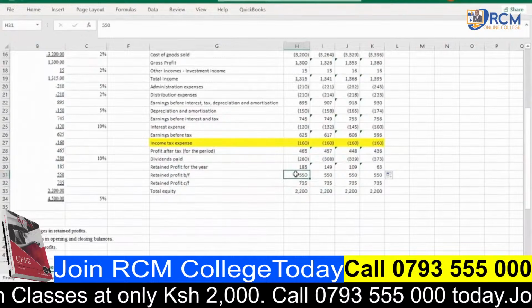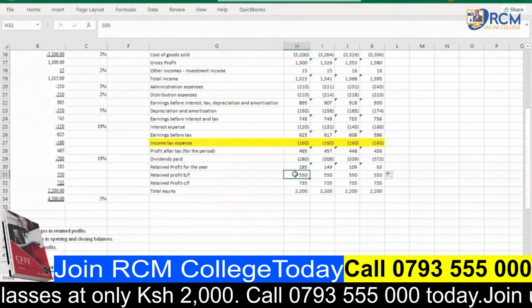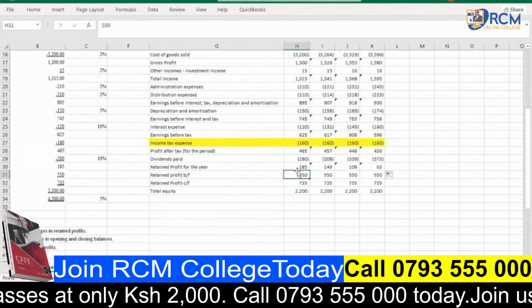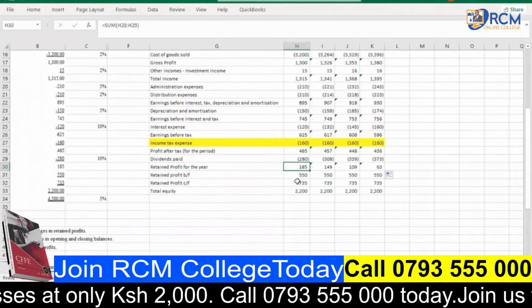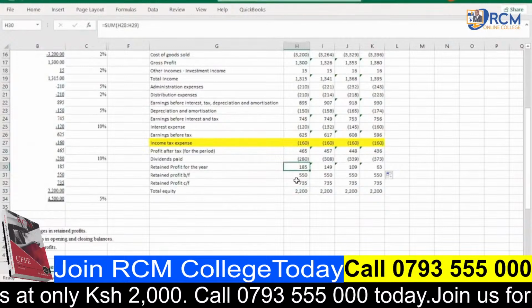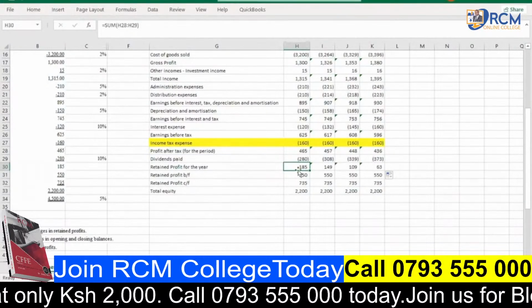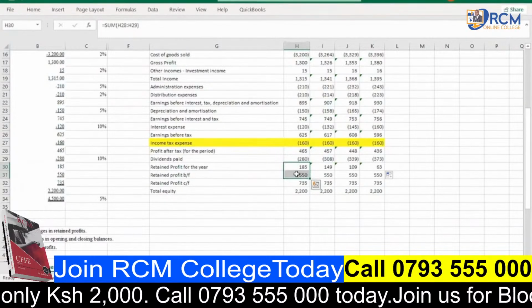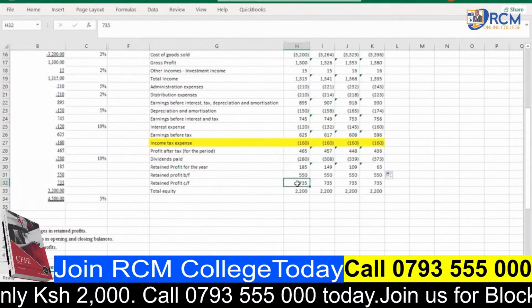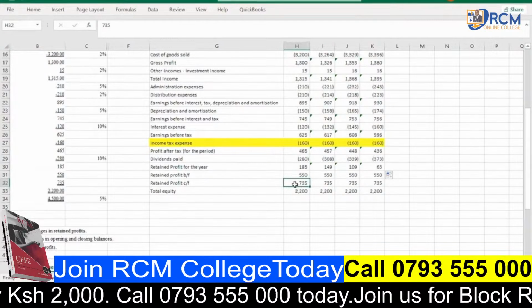So the retained profit brought down, which was there from 2021, you add to the retained profit for the year to give you retained profit carried forward or retained earnings carried down. So if you add these two, you are supposed to get 735. Na hiyo ndio 735 yenye tunaona hapa hivi.